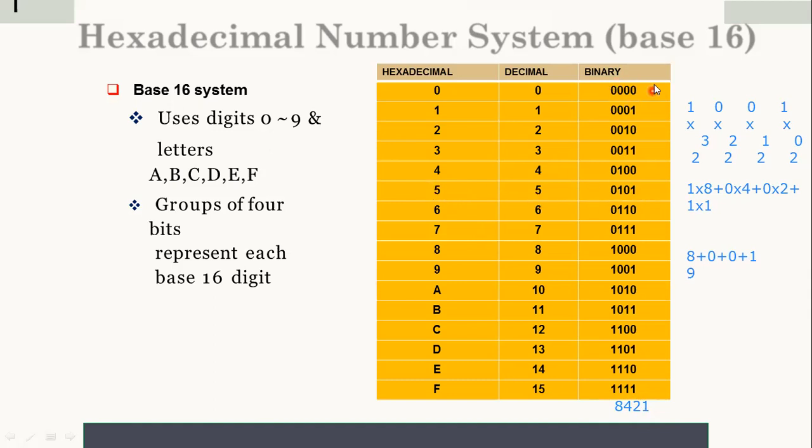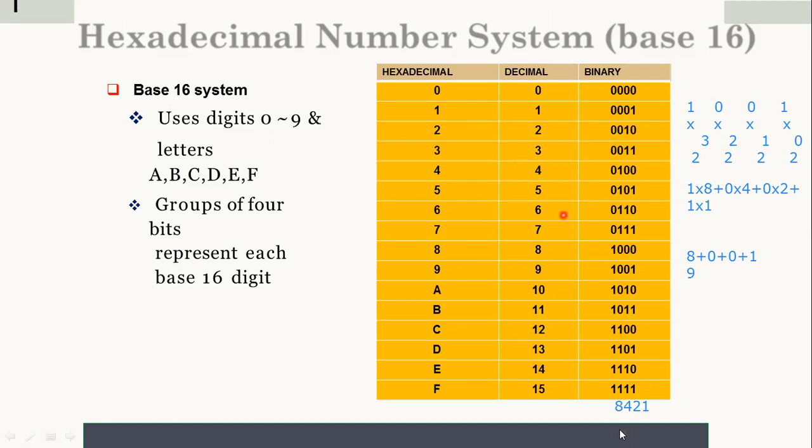Starting from 0, all are zeros. Next 1: only at the 1 position there is a 1, the remaining are zeros, so 0, 0, 0, 1. Next 2: only at the 2 position there is a 1, the remaining bits are zeros, so 0, 0, 1, 0.